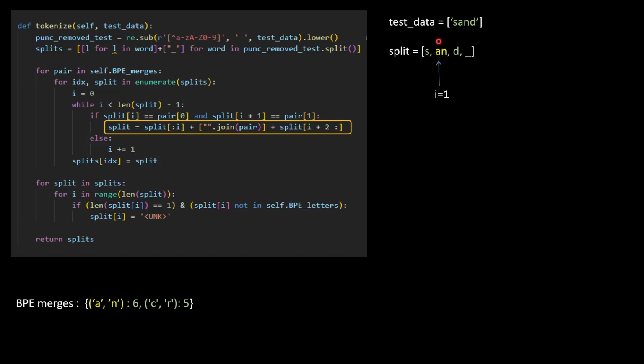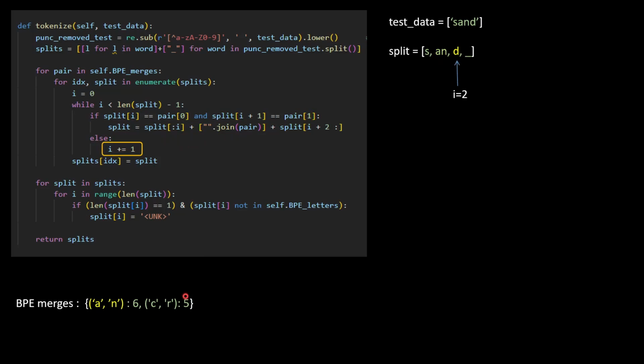Now we have this merged character, and it may be possible that the consecutive character is going to match again. That's why we are not pushing i in this case; we are keeping i here. Only when we are not getting a match, like now AN and D is the new consecutive pair and it is not matching with AN, then only we will push i towards the right.